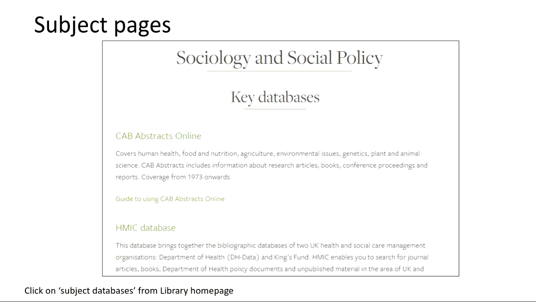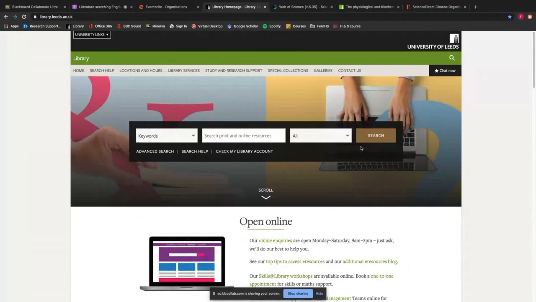So I'm going to do a demo on how to go into the library website and access the pages. I'm just going to share my screen with you and show you how to access the databases. Again, just Google Leeds University Library or go to library.leeds.ac.uk.